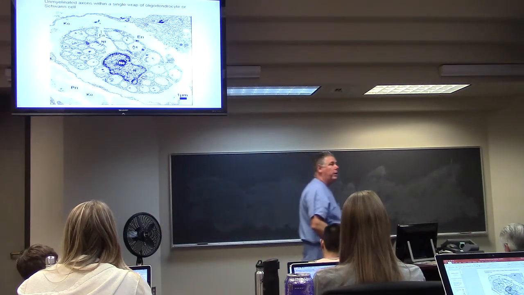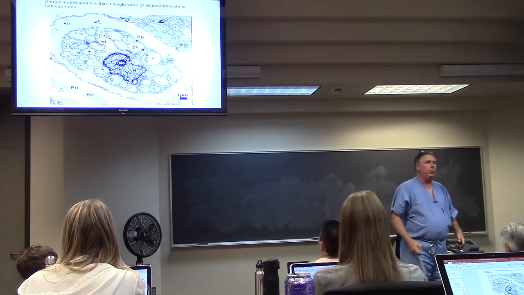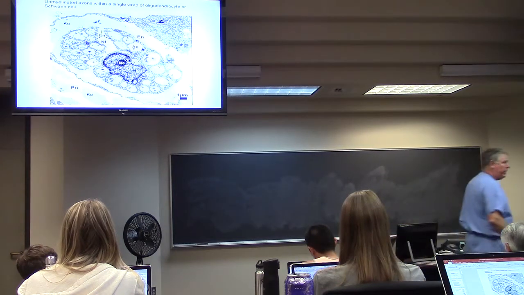There is no saltatory conduction in unmyelinated fibers. And these are the fiber types you're going to see with the C pain fibers versus the postganglionic autonomics.